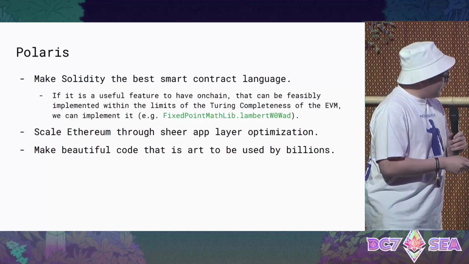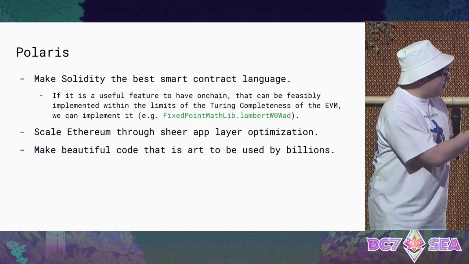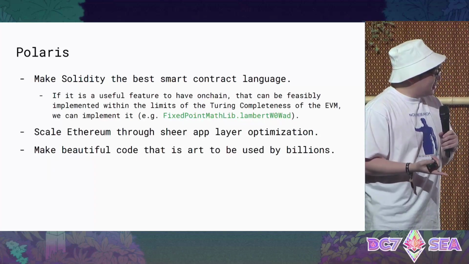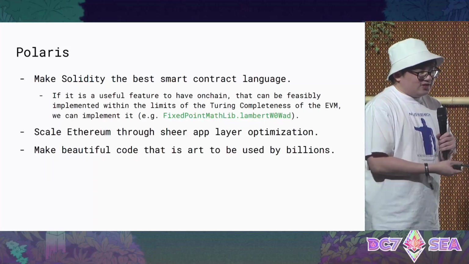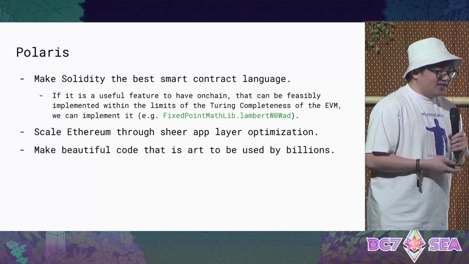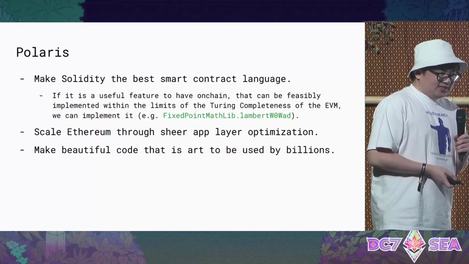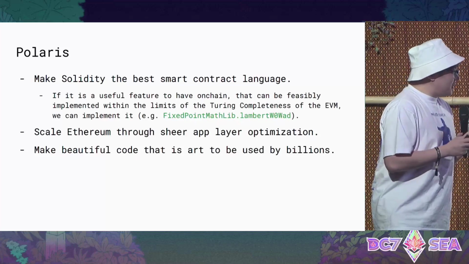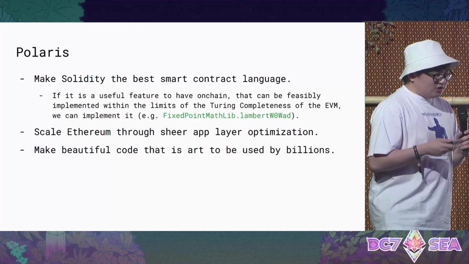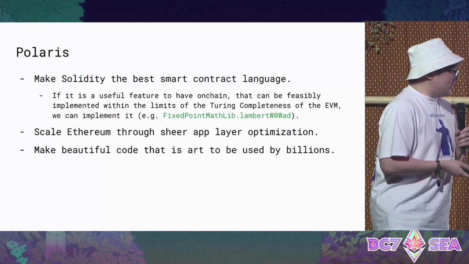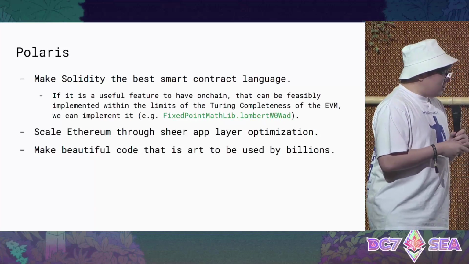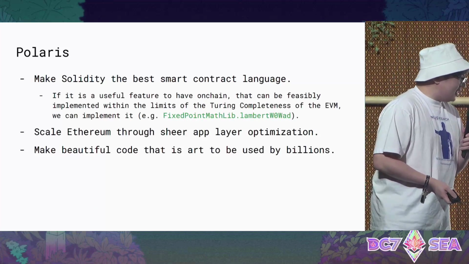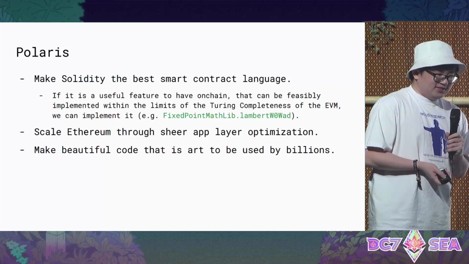But in Solidity, we have this exotic math function called Lambert W01, which is only available in Python, maybe some math languages, and Solidity. You can't find it in any other major languages. So that is Solady's goal. If it's possible within the Turing completeness of the EVM, we will implement it. We also want to scale Ethereum through app layer optimizations and also make the code beautiful.